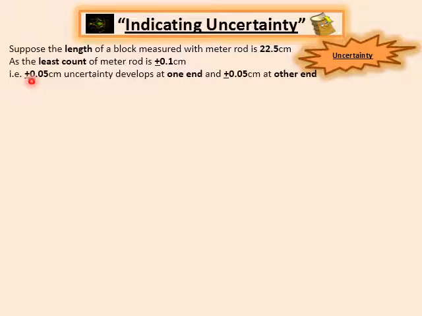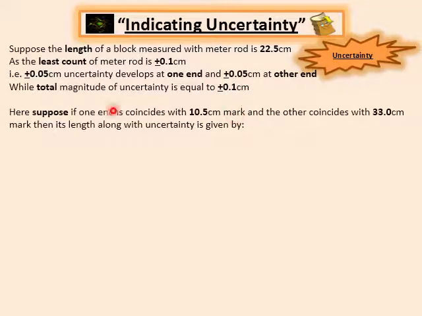Now that is plus minus 0.05 centimeter uncertainty at one end and plus minus 0.05 centimeter at the other end, while the total magnitude of the uncertainty is equal to plus minus 0.1 centimeters.